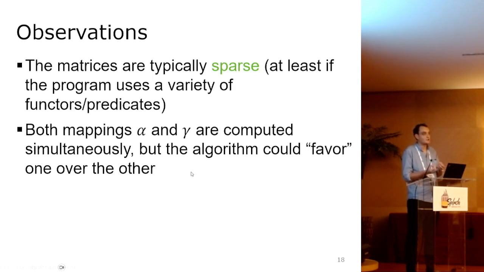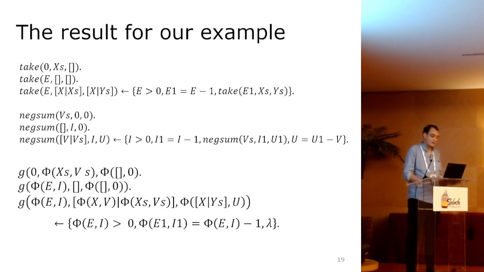But we could imagine a version of the algorithm that favors, for example, the close mapping, that first computes the close mapping and then only computes the argument mapping. And the result, for example, is this generalization, where each time you have a phi, it simply says that it's a new variable.